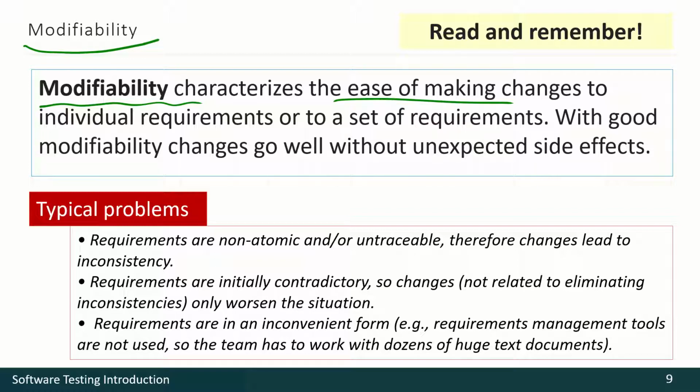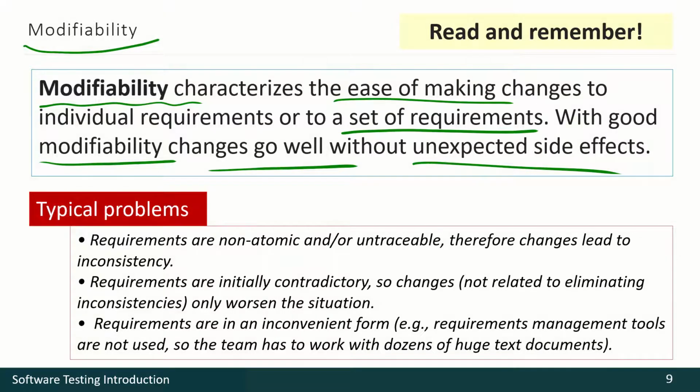So, how easy is it for us to make those changes? How easy is it to modify any given requirement or set of requirements? Changes go well without unexpected side effects with good modifiability. Without modifiability, those side effects appear often. So, typical problems here.